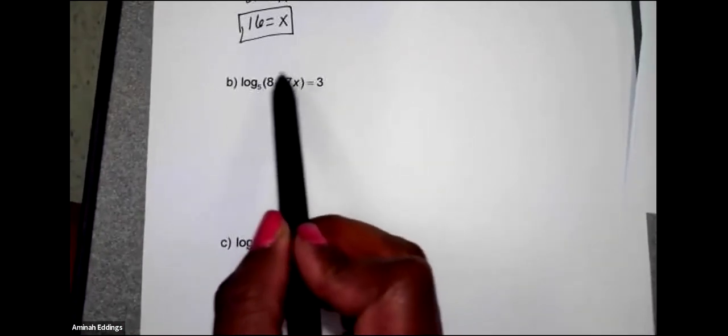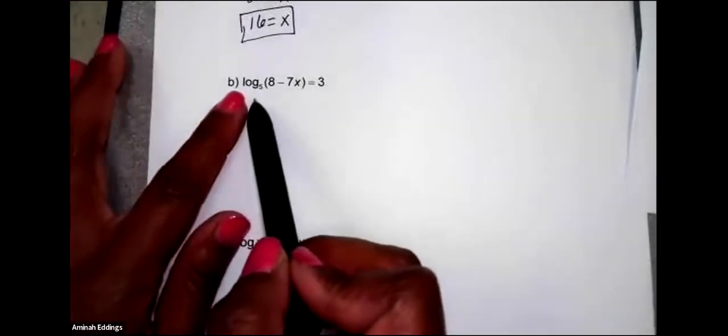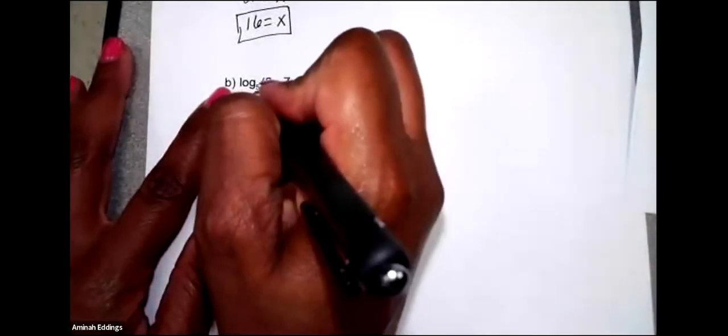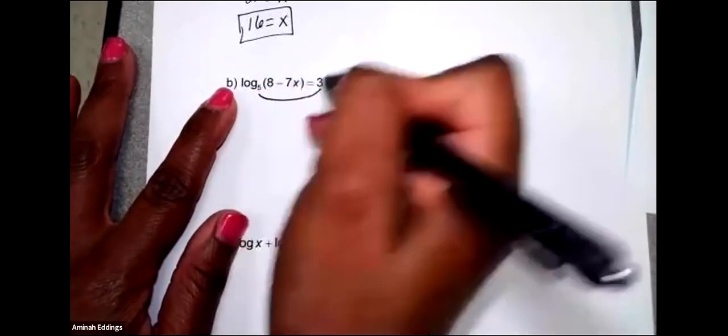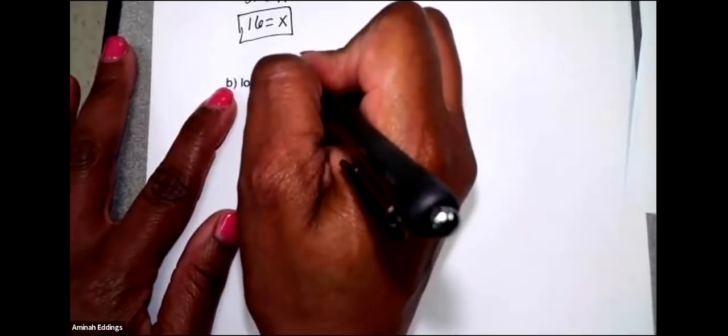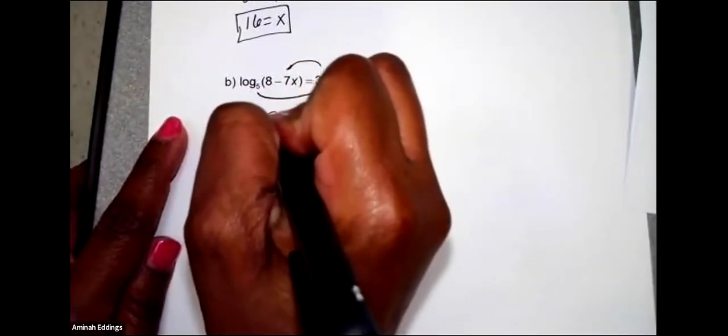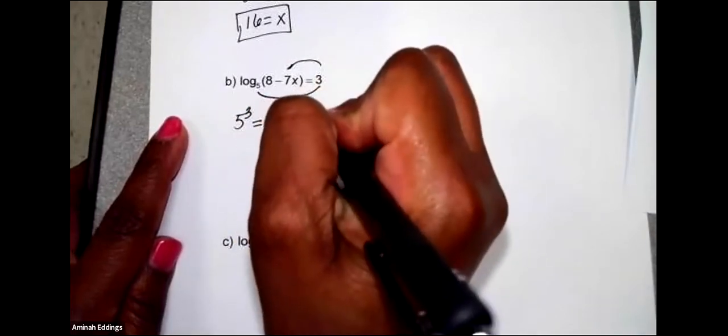It looks a little different because there's an expression here, but it's still 1 log. So we can just set it up as an exponential. So 5 to the 3rd power equals 8 minus 7x. Let me stop there and make sure everybody is with me. Questions on what I just did?